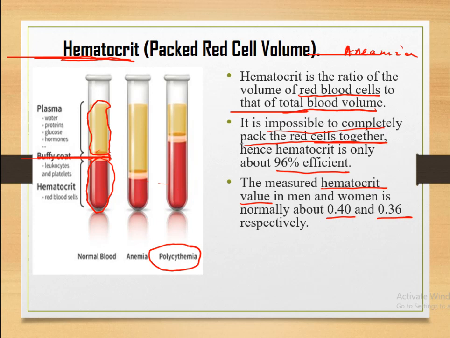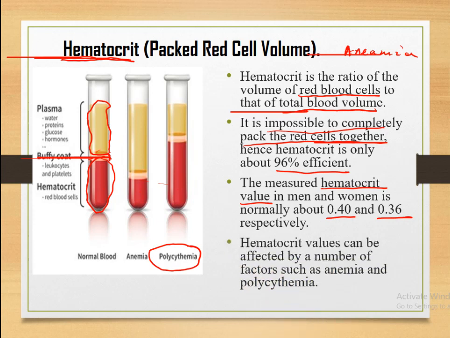The hematocrit value, like I've said, can be affected by factors such as anemia and polycythemia. Anemia is the condition whereby there is a smaller amount of red blood cells in the total blood volume.